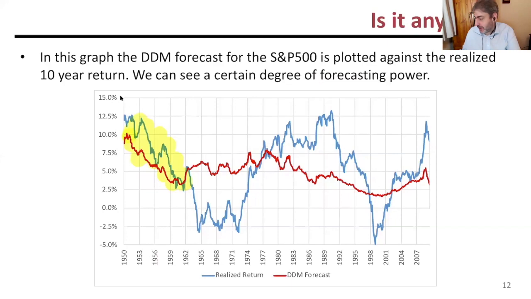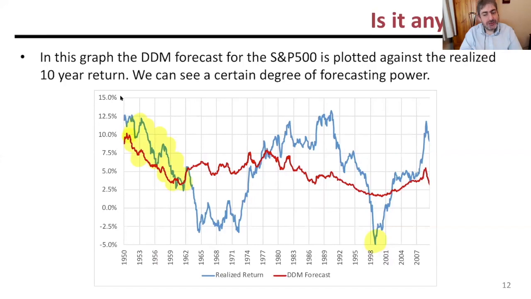So let's look here. The return of the stock market between 1999 and 2009 was negative 5%. That's when the tech bubble exploded. The tech bubble exploded at the end of 99, at the beginning of 2000, and the return in the following 10 years was basically negative.